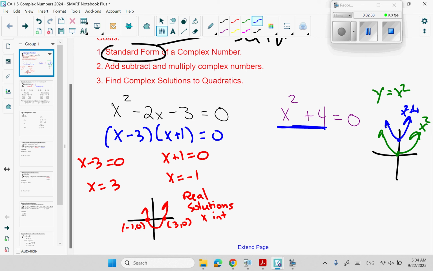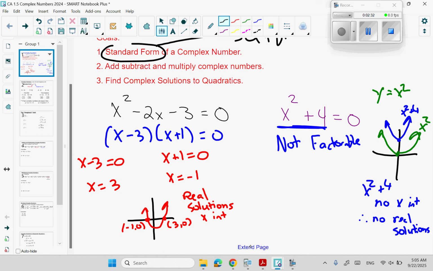Well, you notice that x squared plus 4 has no x-intercepts. Therefore, it has no real solutions, which means it is also not factorable.